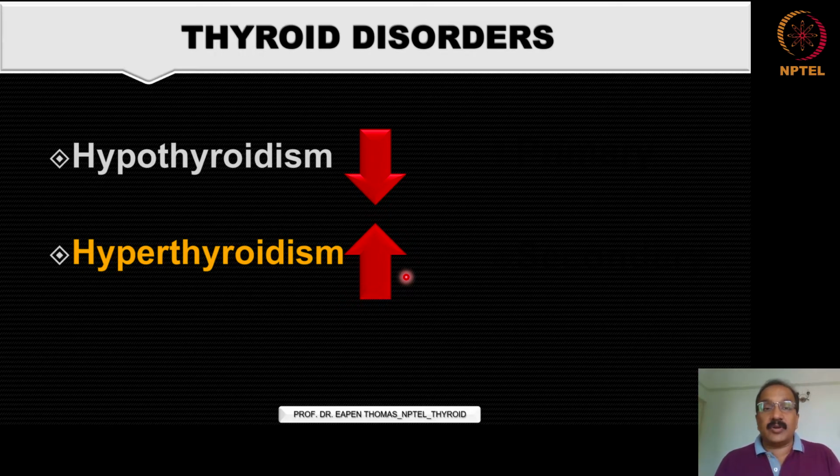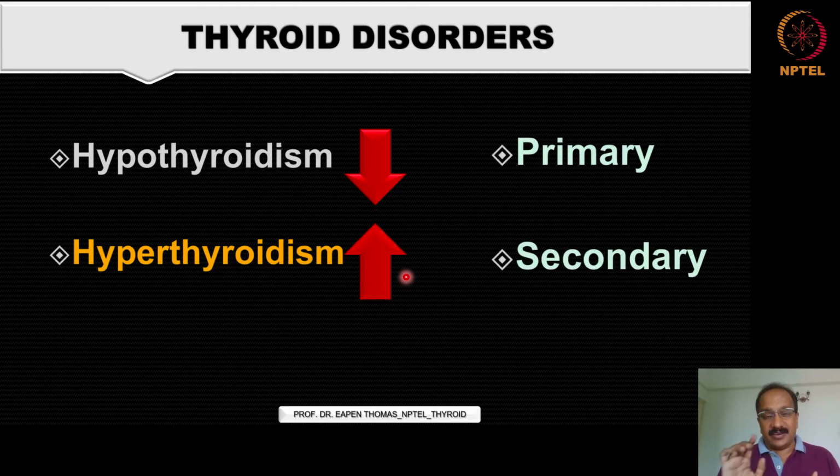And two other terminologies I would like to bring to your notice in this scenario are primary disorder and secondary disorder. Both hypothyroidism and hyperthyroidism can be primary or secondary. When I say primary, that means the disorder is actually within your thyroid gland substance. That means the problem is connected with the thyroid gland.